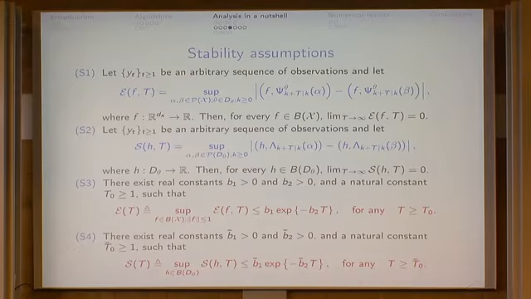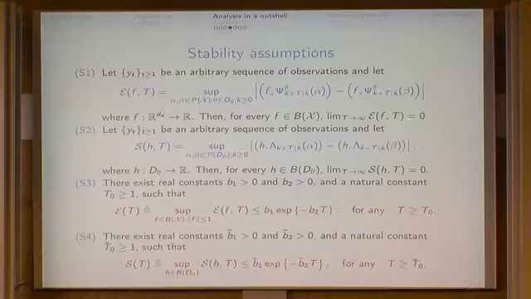Then, these are the actual stability assumptions. So what we are saying is that if we start from two different measures in the state space, alpha and beta, and we take many, in this case capital T, optimal transformations starting from these different initial conditions, eventually this error is going to vanish.